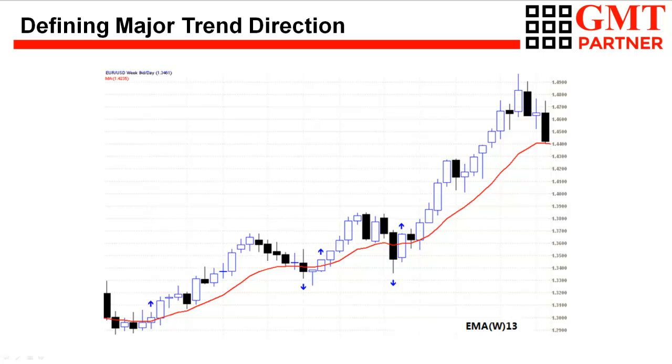By using the moving average with specified parameters, it is quite easy to define the direction of the major trend. If the moving average slopes upward, and the price is above the moving average, then the market is developing an uptrend. If the moving average slopes downward, and the price is below the moving average, then the market is developing a downtrend.